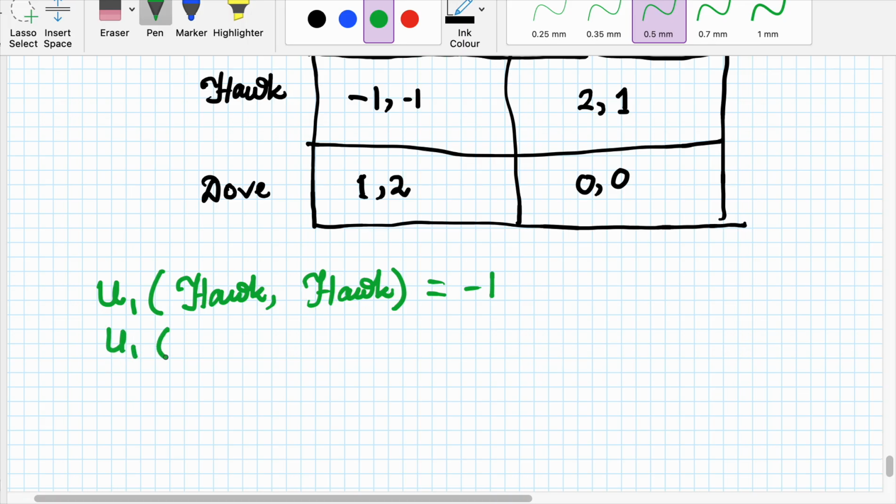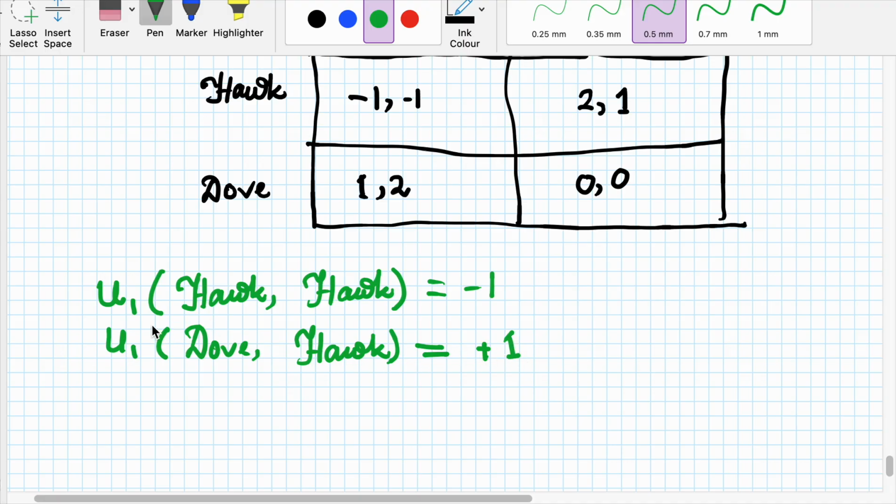So we have to check the utility of playing the strategy dove. That gives player 1 a payoff of +1.